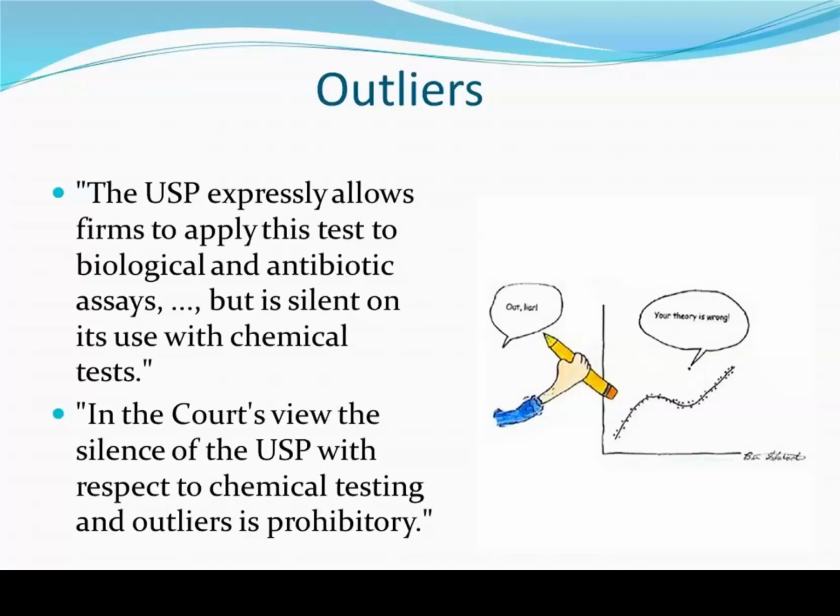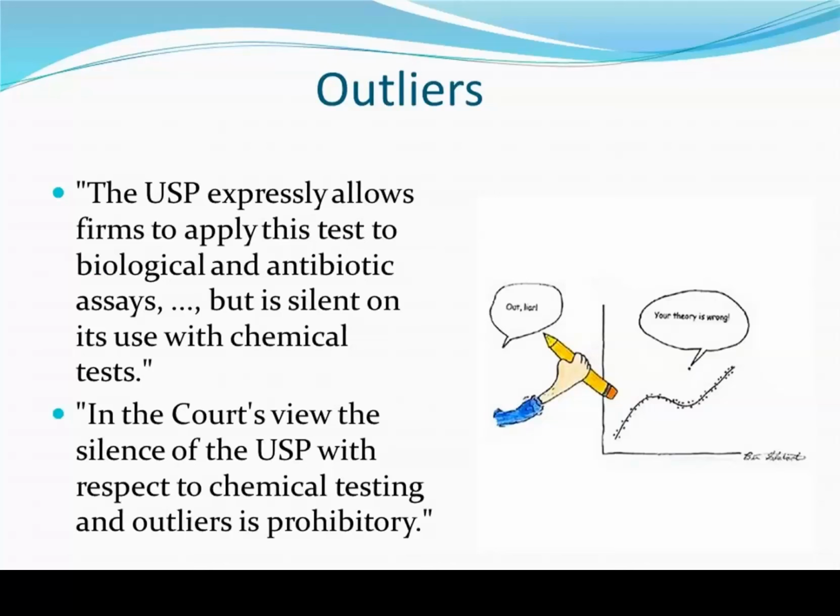With regard to outliers, if you remember, Barr Laboratories actually did use some statistical outlier testing for rejecting some chemistry results. The United States Pharmacopoeia expressly allows you to utilize outlier testing, but only for biological and antibiotic assays. It is silent on its use for chemical tests.